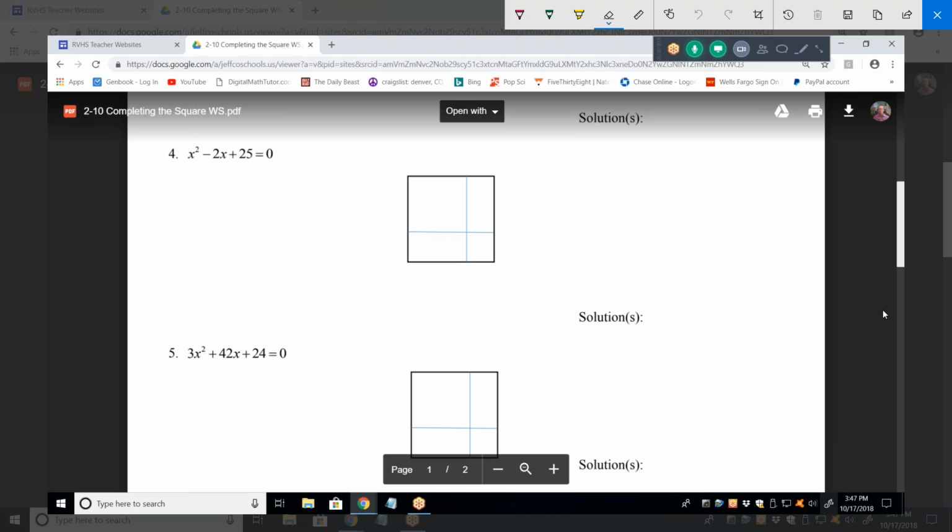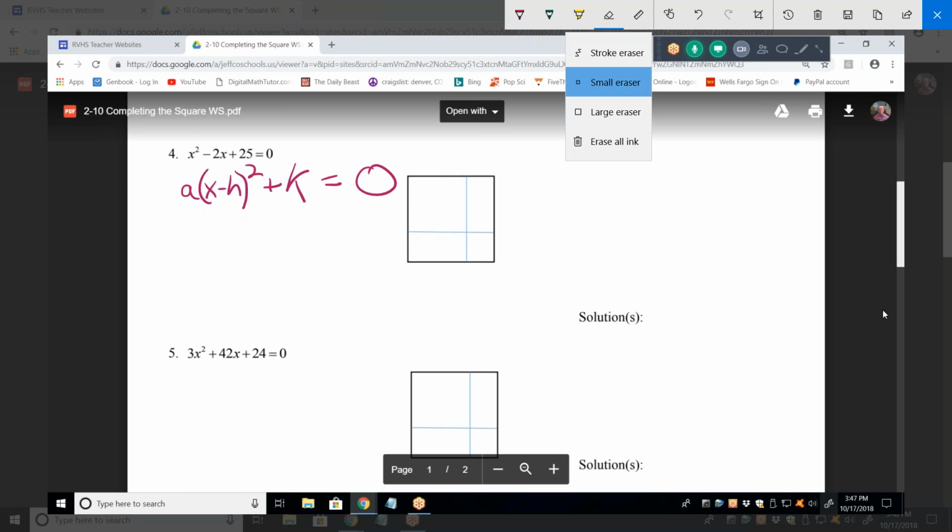If my goal was to take this quadratic and put it in vertex format, well, notice what vertex format is. Vertex format is this, and the C or the K is on the same side. So if my goal was to put it in vertex format, so I knew where the vertex was, I would leave that 25 over there.